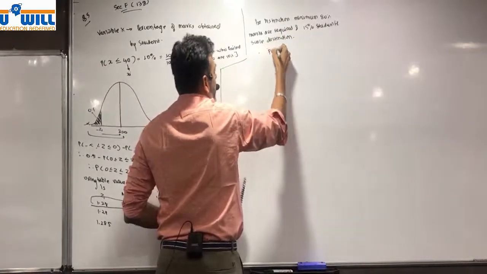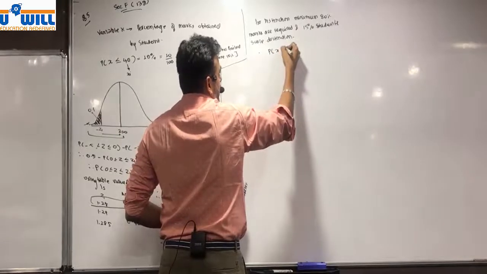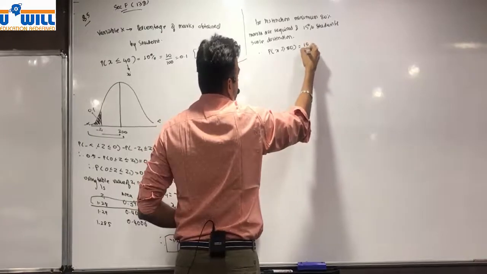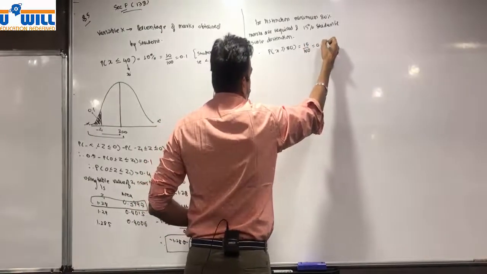Therefore, probability of X greater than or equal to 80 is equal to 15%. So 15 by 100, 0.15.